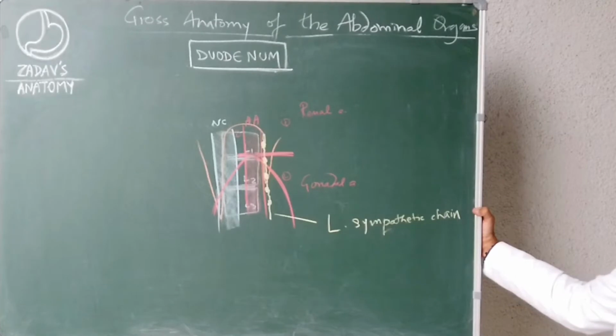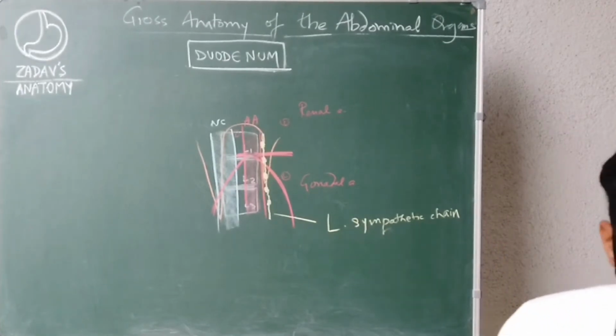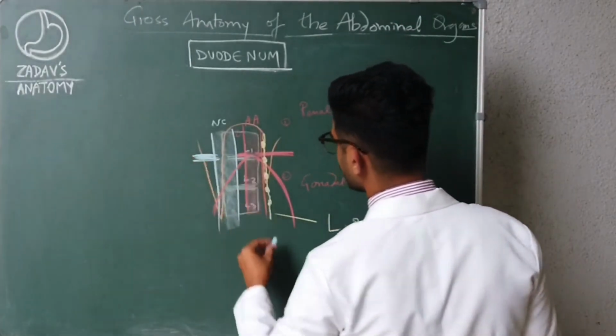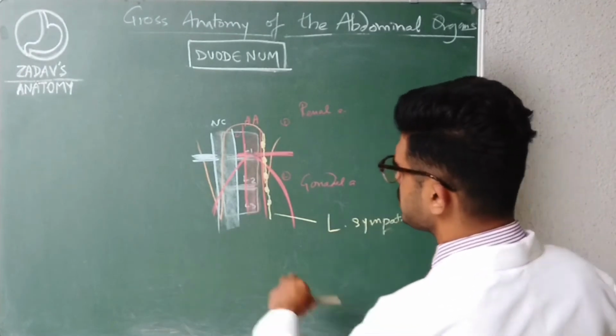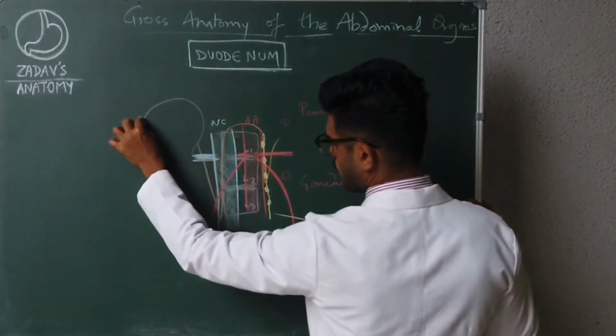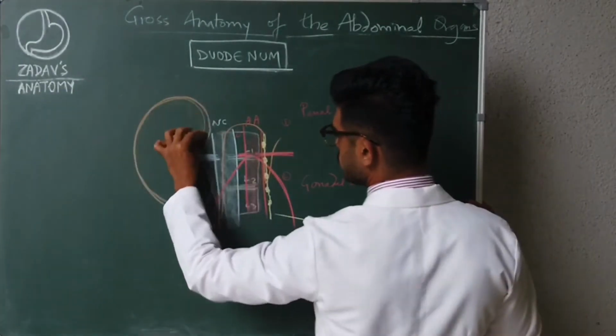Now on the right side I'm going to draw the right kidney. Right kidney is approximately present at the same level, around T12 to L3. Should look something like this.